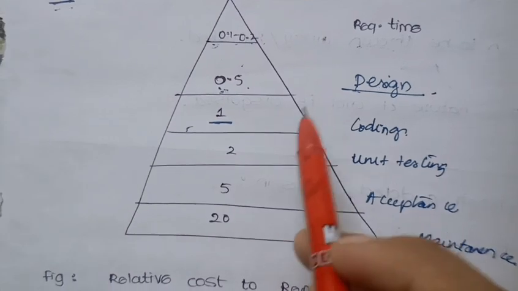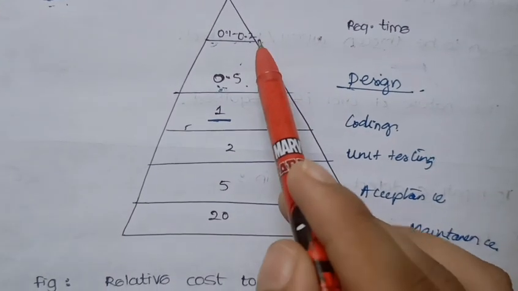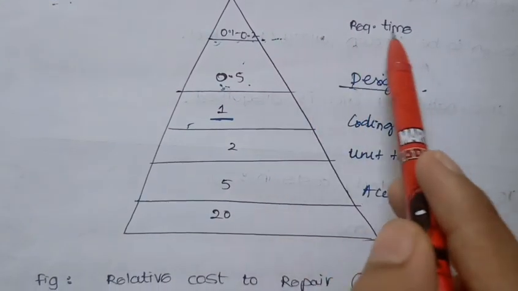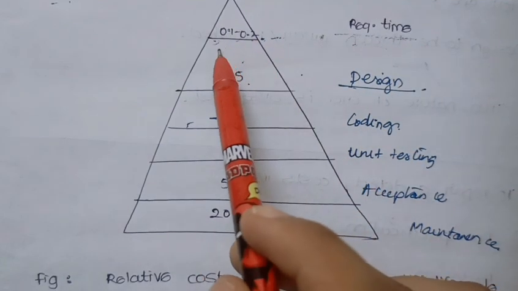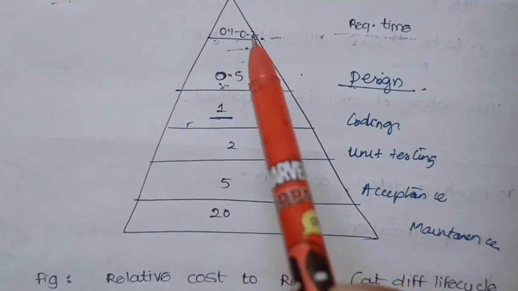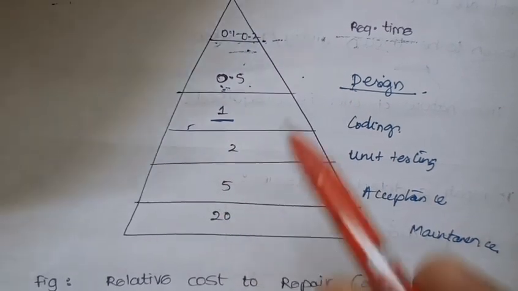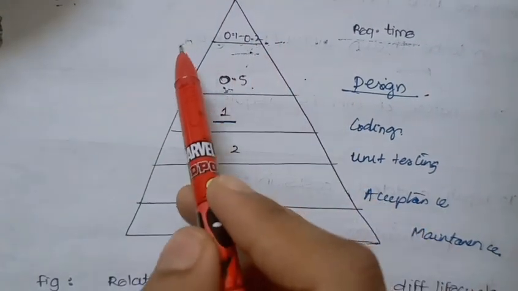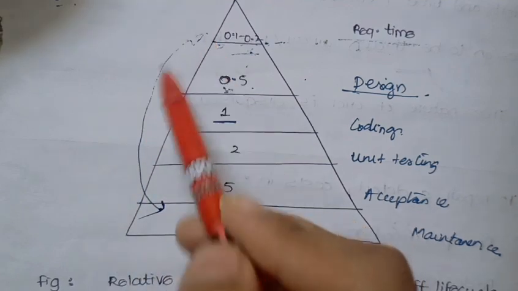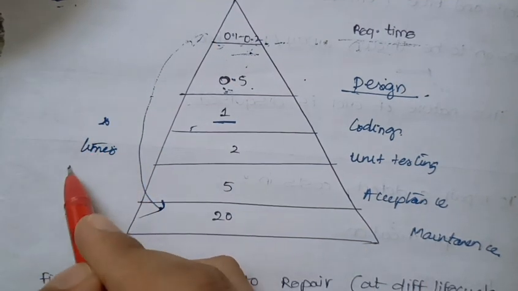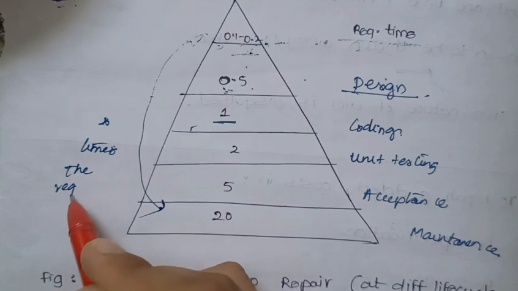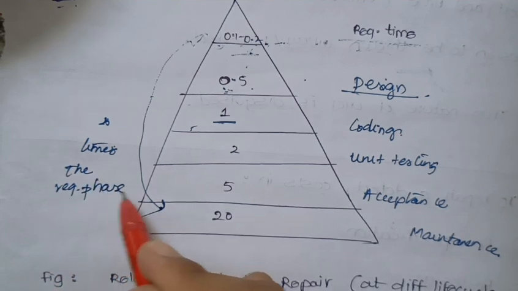So as we can see here, 0.1 to 0.2 budget is only spent according to requirements. When we find errors in the requirement phase, it is about 0.1 to 0.2. But when the requirement errors aren't discovered in this phase and they have come until this phase, think what happens. It's almost 20 times the requirement phase.